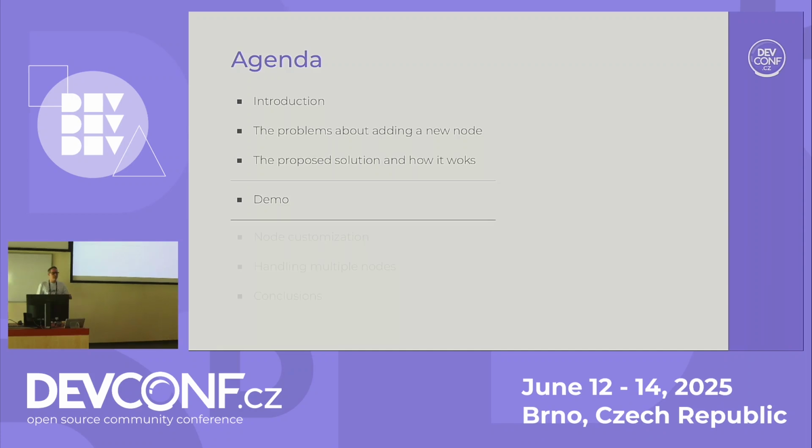Then, in the second and final part of the talk, we will look at some additional topics that are pretty important, like customizing a node, or the special case where you would like to add more than one node to the cluster.